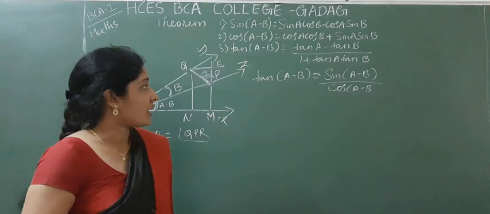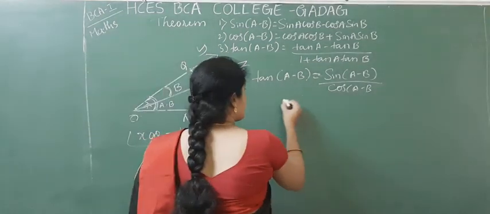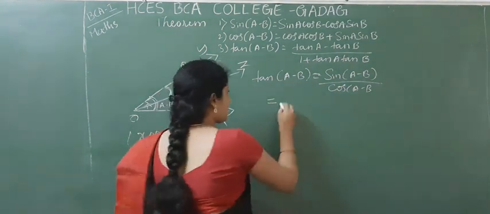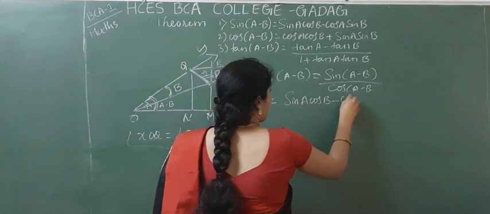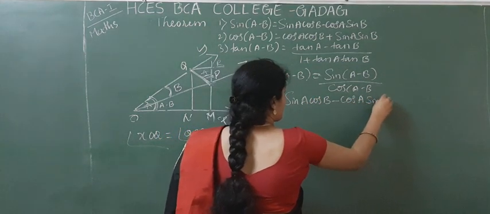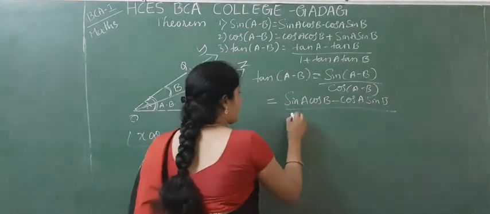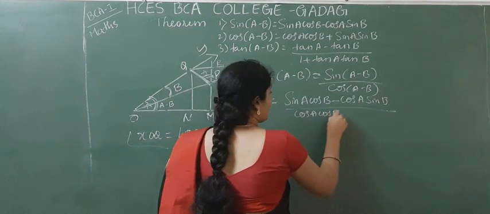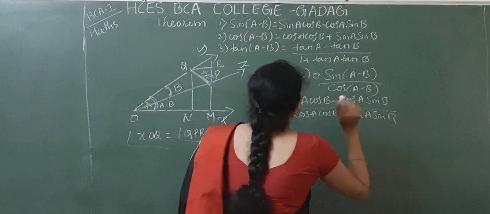So as we did in the last theorem also. So now very simple. Put the value of these two. What is sin A minus B? Sin A cos B minus cos A sin B divided by, what is cos A minus B? Cos A cos B plus sin A sin B.